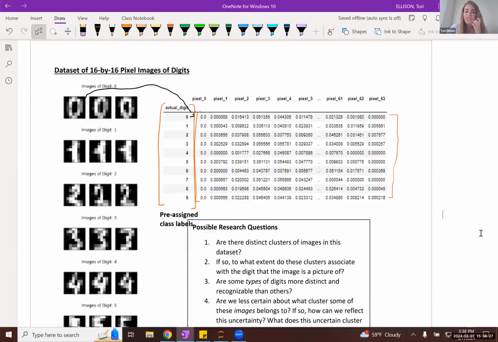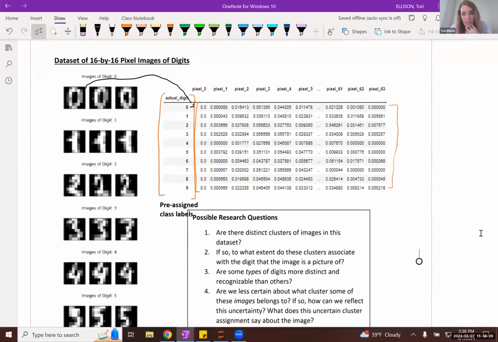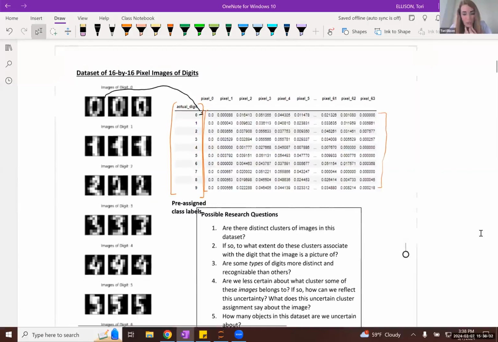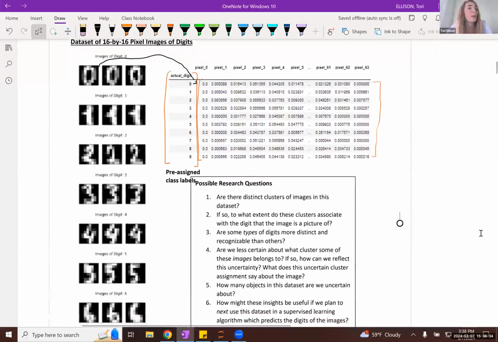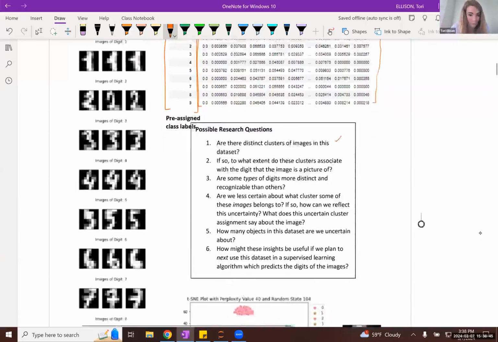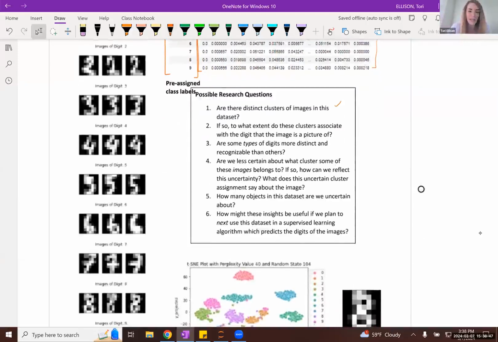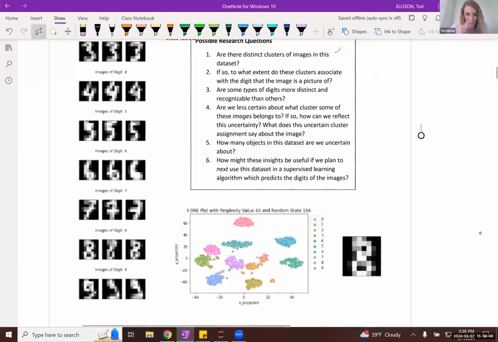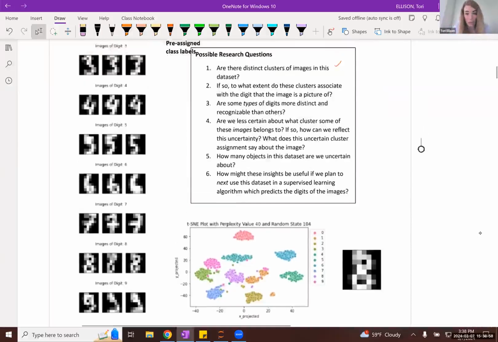So in our particular research analysis, we'd like to explore this data set and answer some of the following research questions. For starters, first I'd like to ask, is this 64 dimensional pixel data set clusterable at all? Is it fruitful to apply a clustering algorithm to this? So we're going to take this 64 dimensional data set, plug it into a couple of t-SNE plots, and we are, in fact, going to see, like we see here, that there is evidence of a clustering structure.